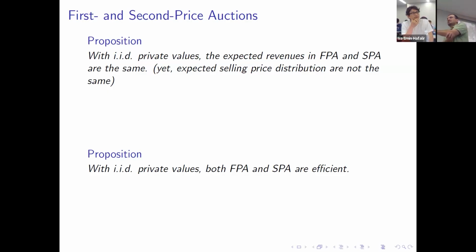And the next step will be to show that, due to the revelation principle and incentive compatibility, the interim expected payments are perfectly determined by the allocation rule. Therefore, the next result will tell you that if the allocation rule is efficient, up to this constant of integration, which is determined by the expected utility of the lowest value type, they all will have the same expected revenue.